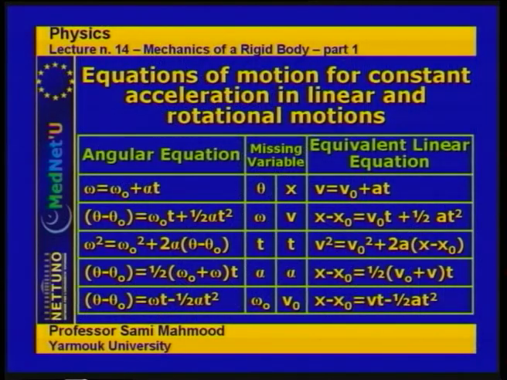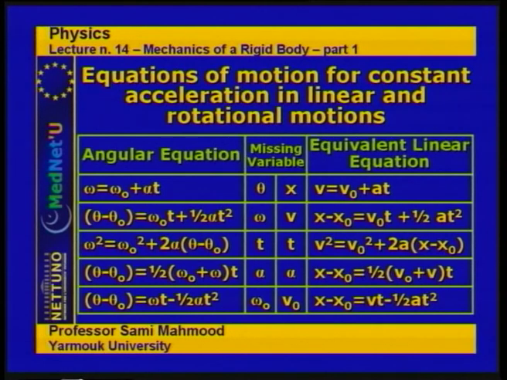So far we have 2 equations, and the remaining 3 equations can be obtained as we did in the case of the linear motion in one dimension by coupling these 2 equations, the one that we obtained from the definition of the acceleration and the one that we obtained from the definition of the average velocity, noting that they have 3 common quantities between the 2, which are omega, omega naught, and t.